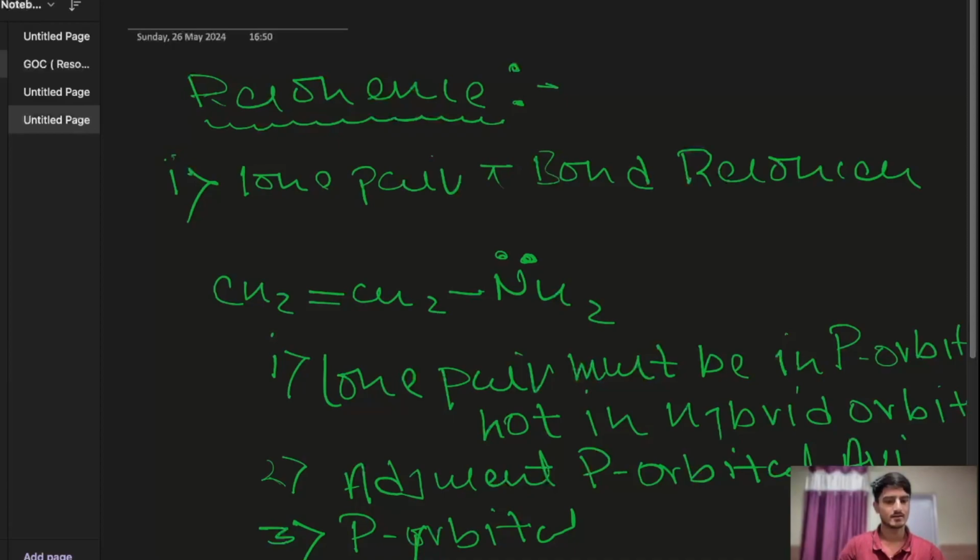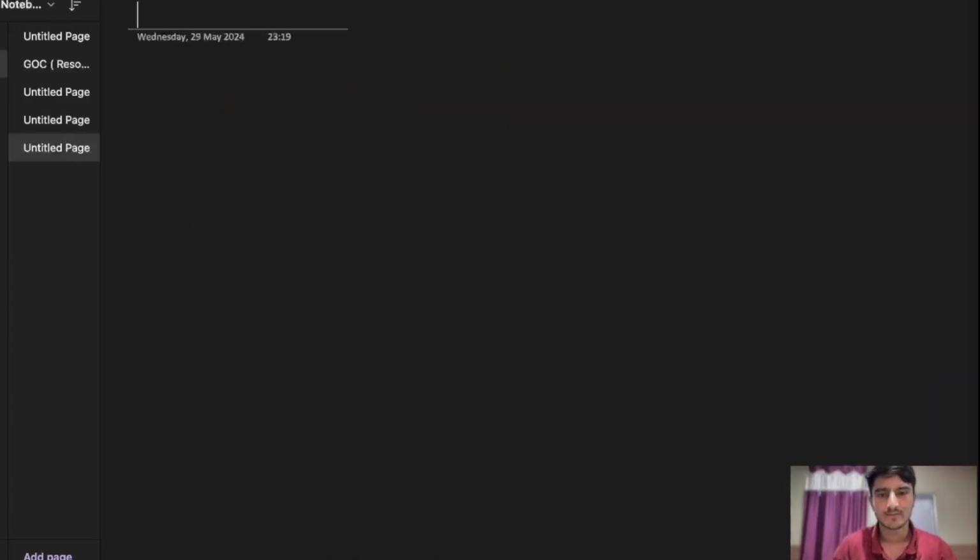The one containing the lone pair and the other into which the lone pair should move. The p orbitals should be in the same plane. So we take this example, CS2 double bond CS2 and NH2.